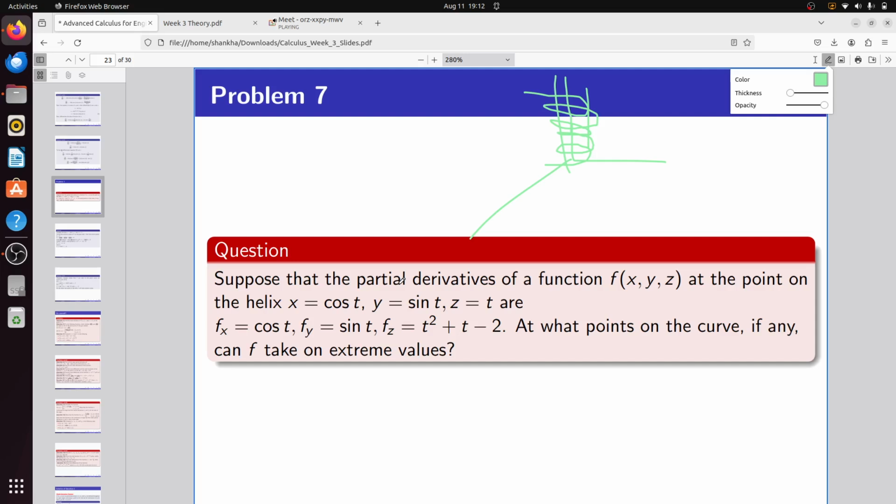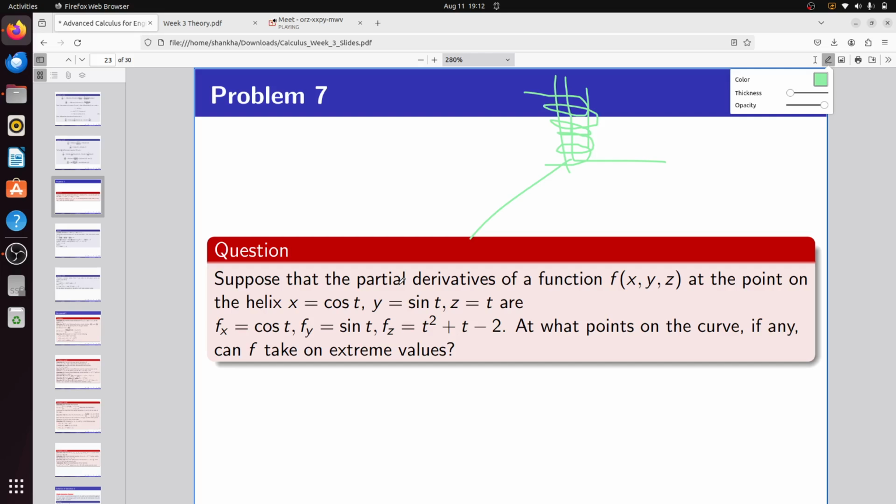So there is some function, and the partial derivatives of the function at a point on the helix are cos t, sin t and t square plus t minus 2. At what points on the curve, if any, can f take on extreme values?